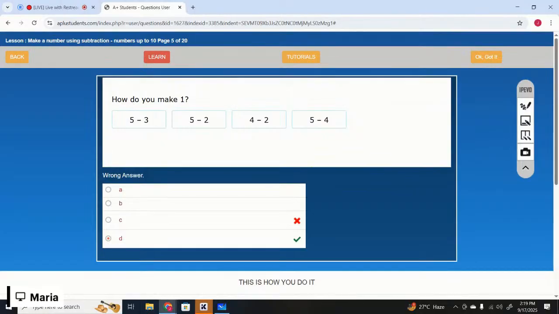How do you make 1? That is option D. 5 take away 4 is 1. Option D is the correct option.